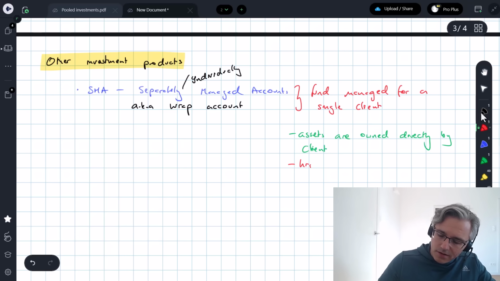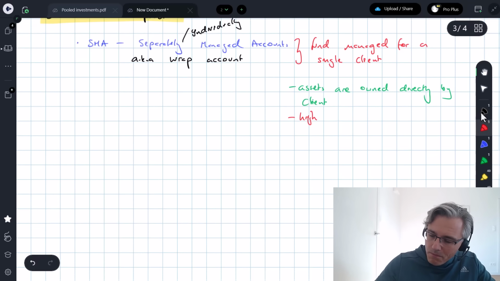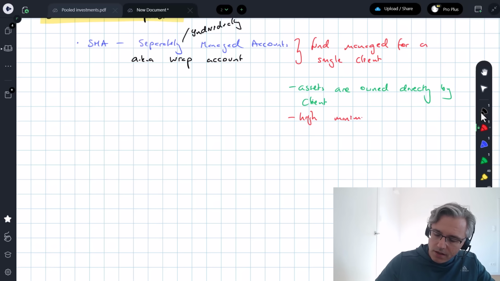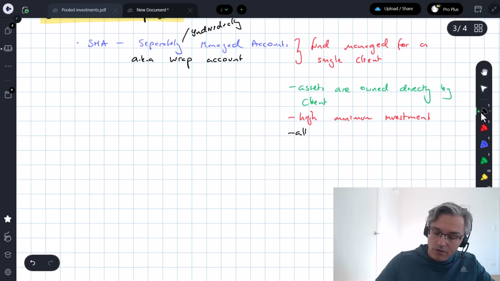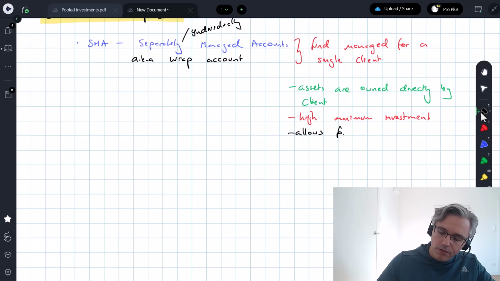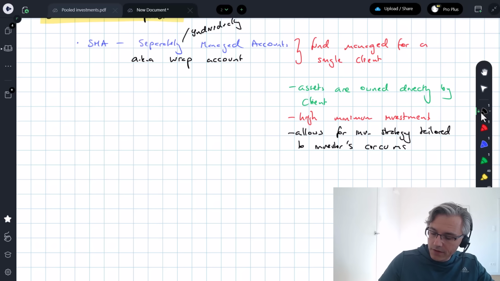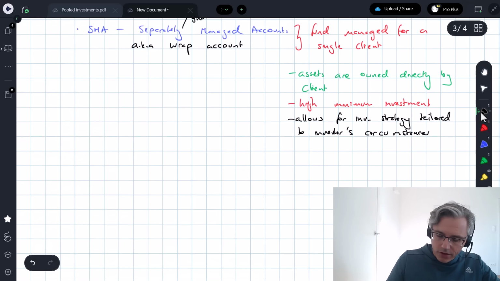Typically they're associated with a relatively high minimum investment. So the client needs to put in quite a lot of money to qualify for this sort of individual treatment, but the whole point is that it allows for an investment strategy that's going to be well tailored to the investor's circumstances, as opposed to a one-size-fits-all general mutual fund. Right, don't need to know much more about this.